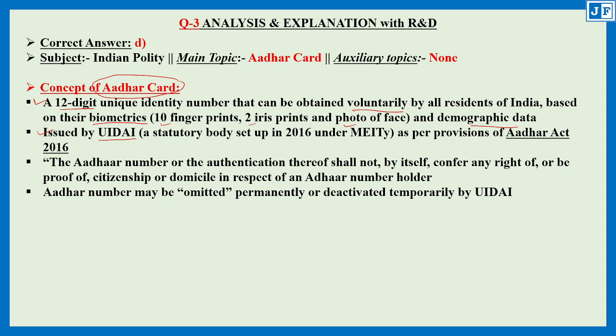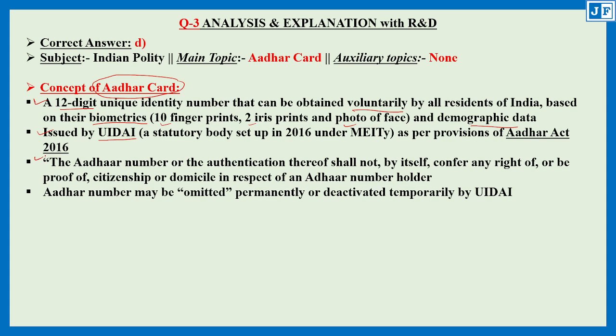It acts as per the provisions of the Aadhaar Act 2016. What does it say? According to the Aadhaar Act, the Aadhaar number or the authentication thereof shall not by itself confer any right of, or be proof of, citizenship or domicile in respect of an Aadhaar number holder.